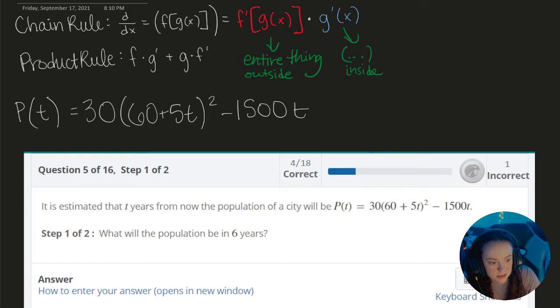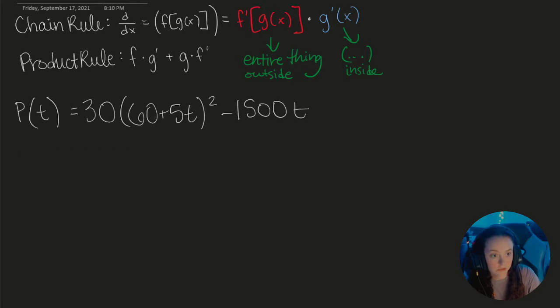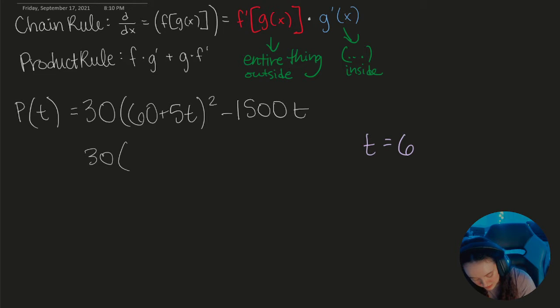So in this case, we don't even need to find the derivative. We literally just have to input 6 in place of the t. Okay? So we just go through and say 30 times (60 plus 5 times 6) all squared minus 1500 times 6.